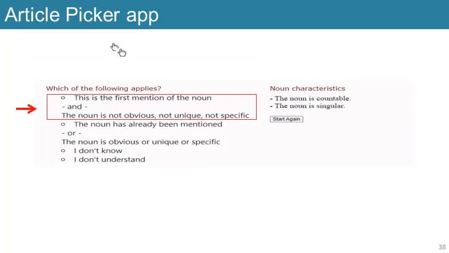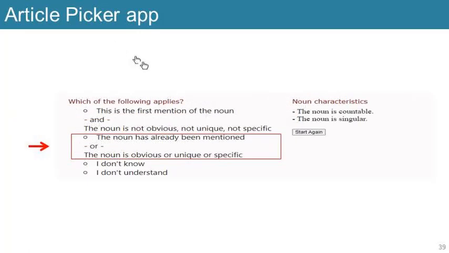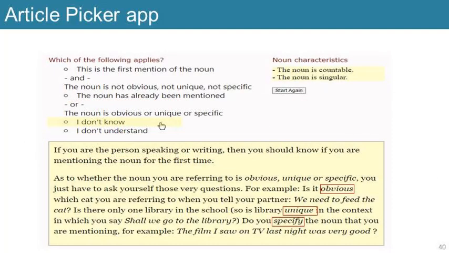The next question has two alternative answers. One is that this is the first mention of the noun and the noun is not obvious, unique or specific in its context. The second is that the noun has already been mentioned or it is obvious, unique or specific. If you're not sure which answer applies, you can click I don't know for help in deciding.